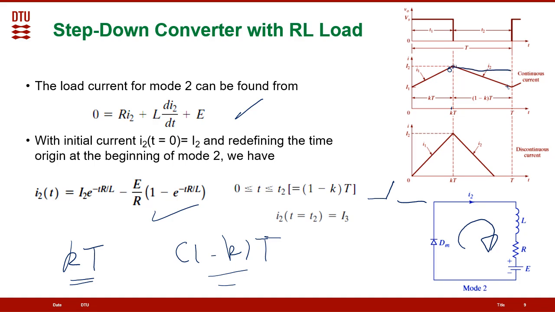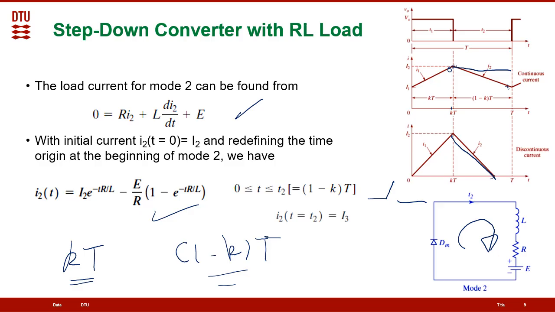If we are using a very small inductor, then we will have a faster time constant. Then the current can go down to 0. So we should be very careful when we design a converter, because when we choose the inductor to be very small, then the current can reach 0.